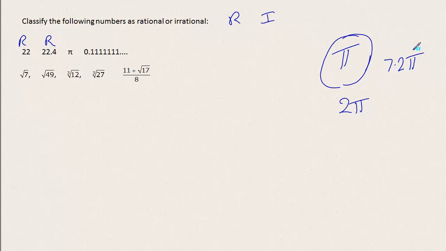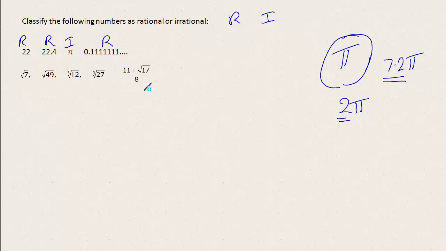If you just multiply it by a rational number, it will still be irrational. So this one is irrational. This one here has recurrence. So if we have a recurring decimal, that's going to be rational.